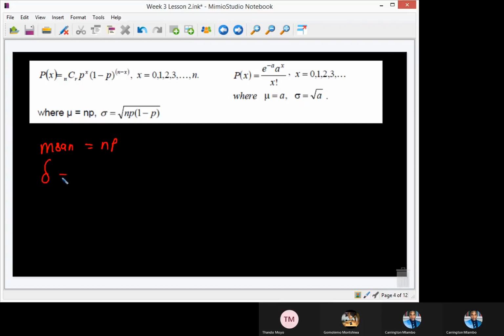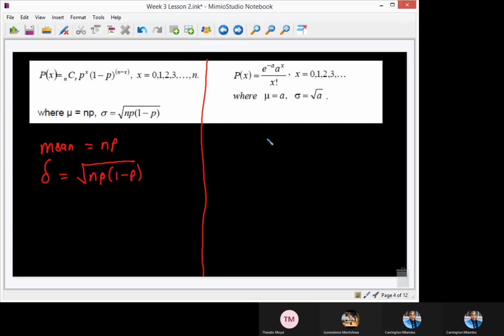And standard deviation is equal to the root of NP open bracket 1 minus P. This is for binomial. They can ask you for the mean, it's NP. They can ask you for standard deviation, which is the root of NP(1 minus P).